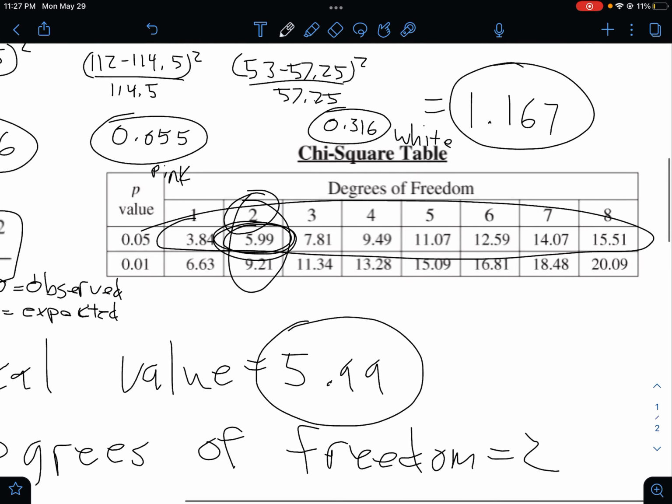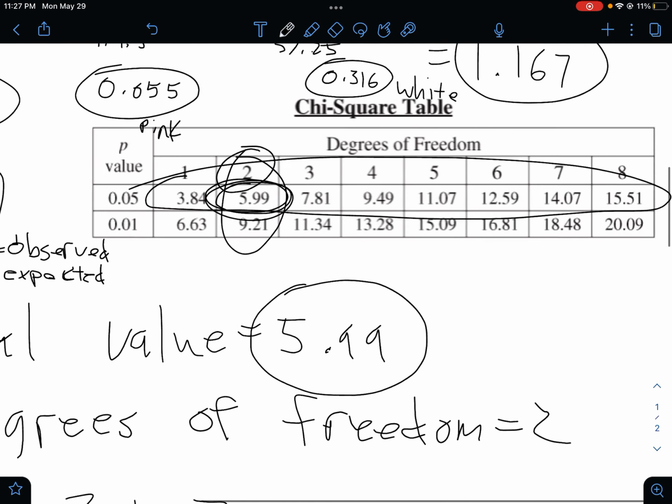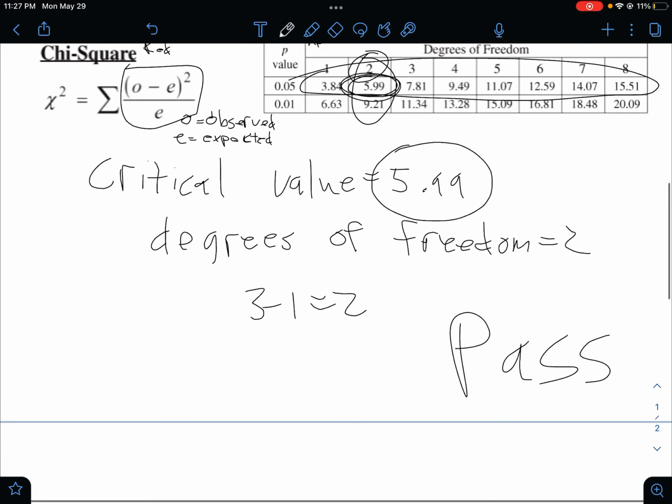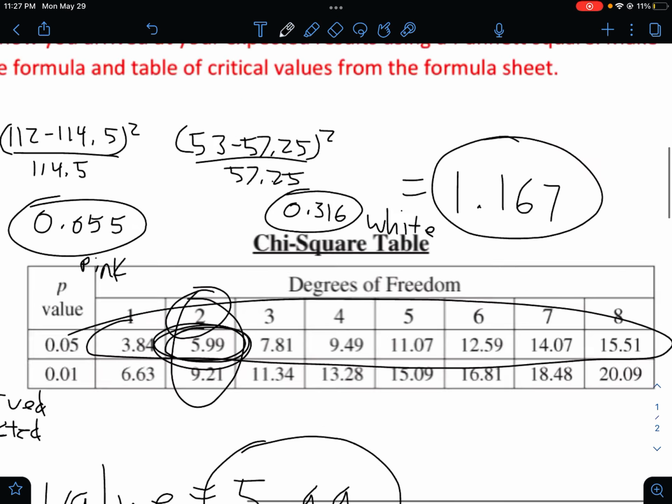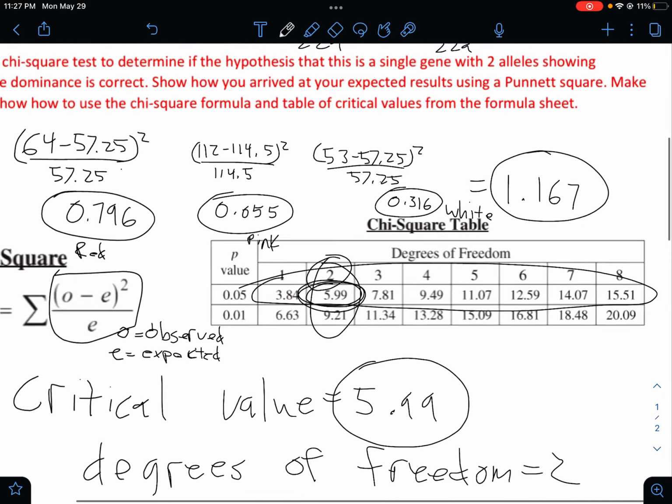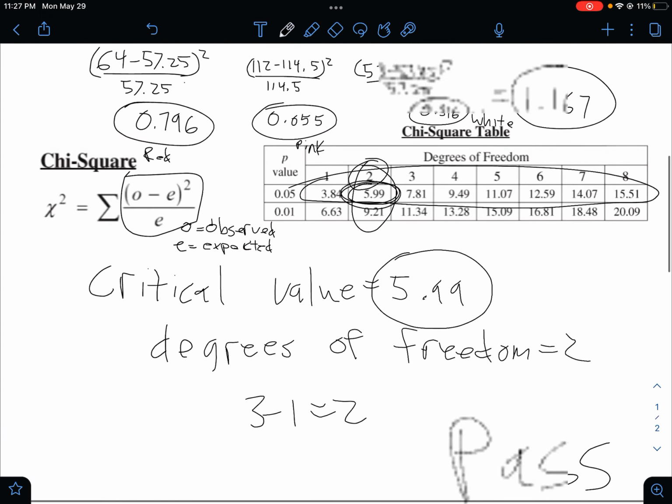And it was. If the value is equal or higher to 5.99, then you would fail the test, because it means it's over and the prediction is wrong. So you would pass the test because the 1.167 is a lower number than the 5.99.